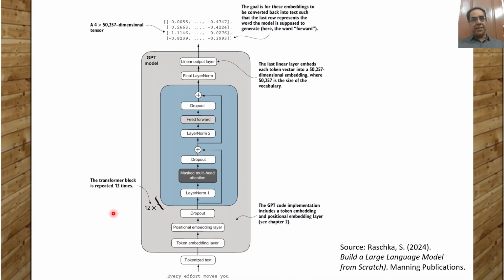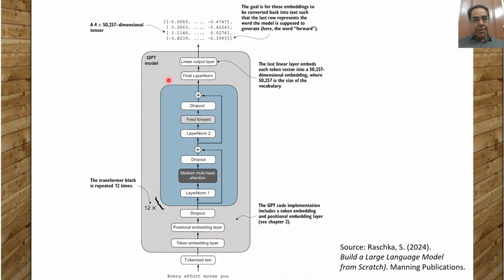The output of the stacked transformers is then passed through a final layer norm and last linear layer that embeds each token vector into a 50,257 dimensional embedding, where this number is the size of the vocabulary.